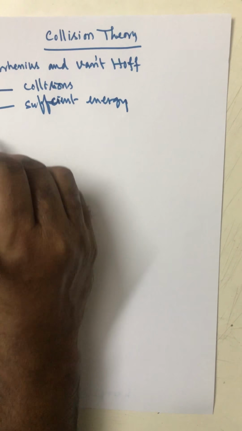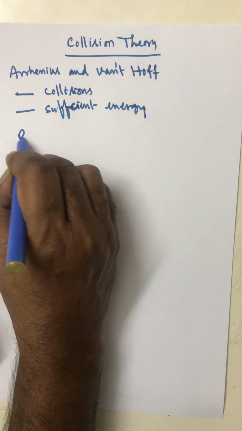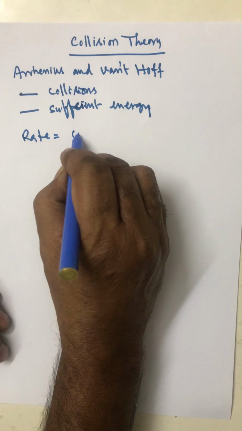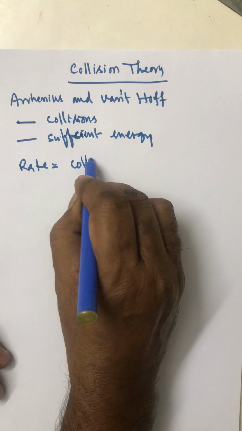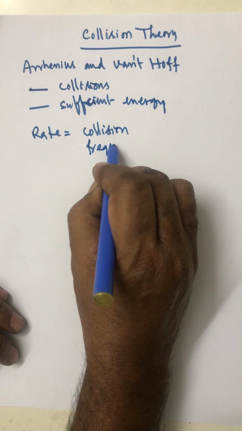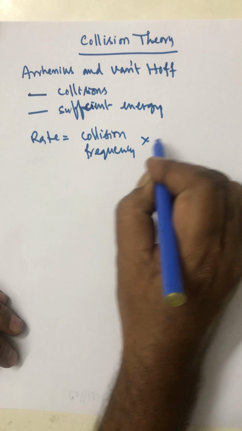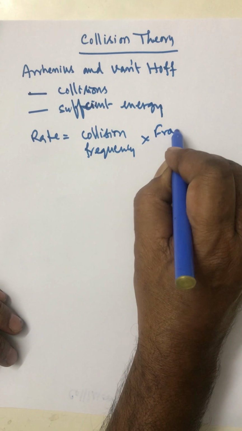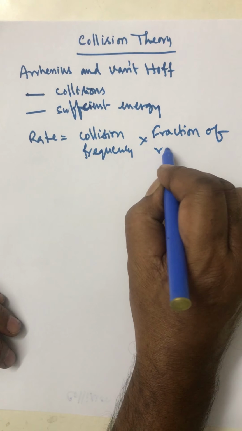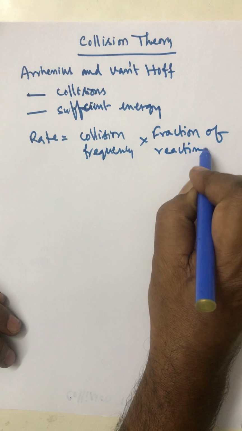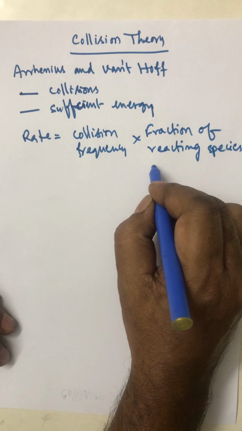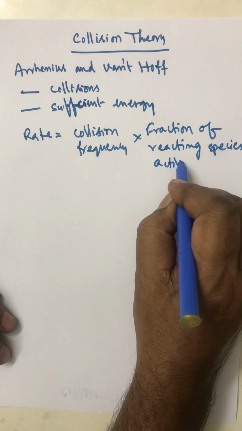According to this, rate is said to be the product of collision frequency and the fraction of reacting species that are in activated state.